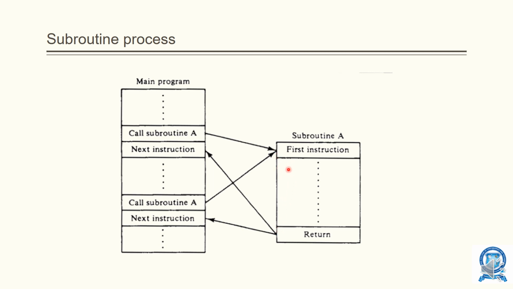On successful execution of all the instructions in this subroutine, it needs to return back to the main program at this point. With the help of the stack, it retains this address value and comes back to this point. Again the same execution takes place in the main program. Whenever at this point I need to call the subroutine again, it moves back, executes all the subroutine instructions, and returns to the main program. So the process goes on like this.